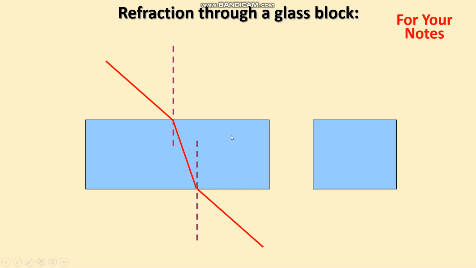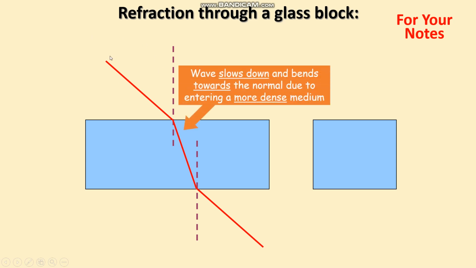So what's actually happening when that ray of light hits the block? Well, when light travels in air or through empty space, it's travelling at around 300 million meters per second. That's about 1,000,000 times faster than sound. When it hits that block, it goes into what we call an optically more dense medium.